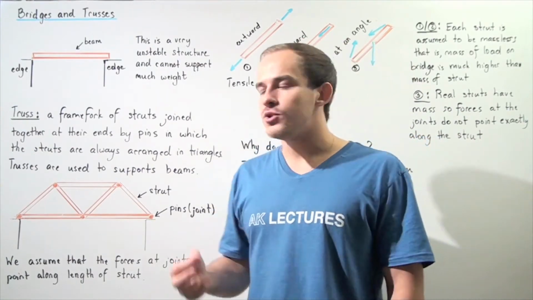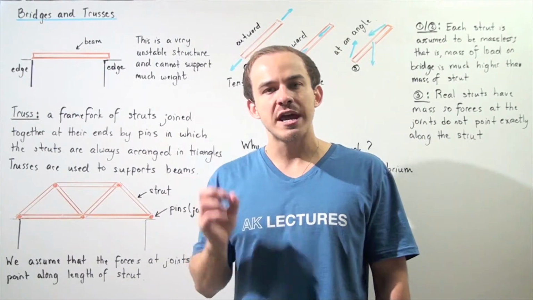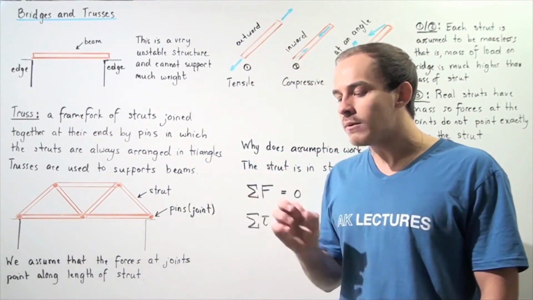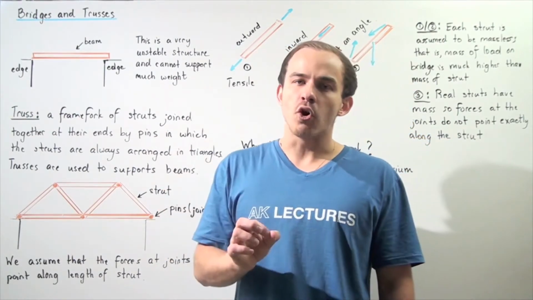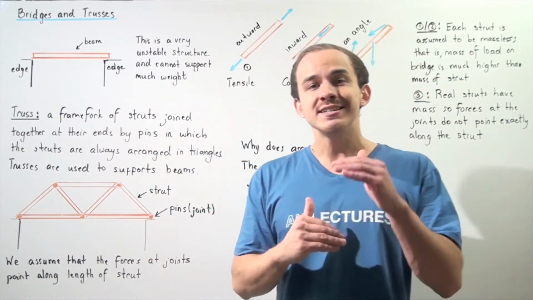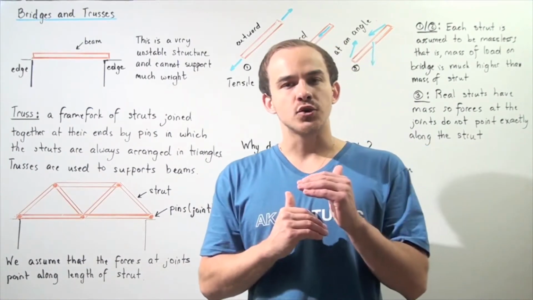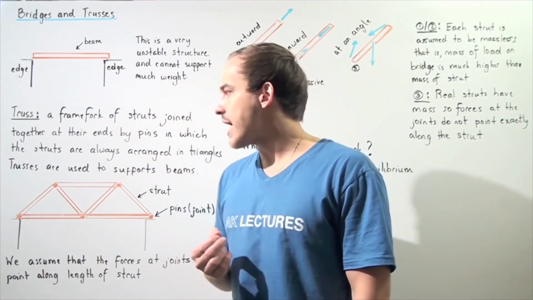Now, the reason we use triangles is because triangles are relatively stable shapes. They will not deform very easily when a force acts on those triangles, in the same way that rectangles will deform very easily into parallelograms under shear stress.